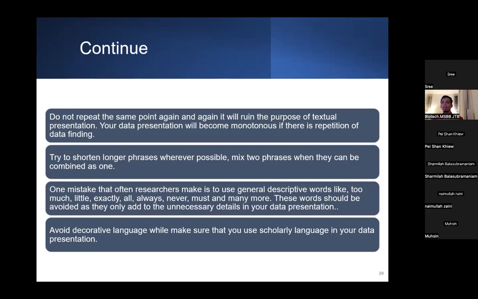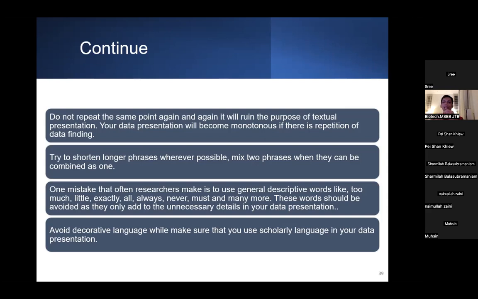Don't put "the best data for this one are and many more." Try to avoid "many more." Also avoid decorative language, and make sure that you use scholarly language in your data presentation. This happens to my students a lot. We try to use flowery language, too flowery.